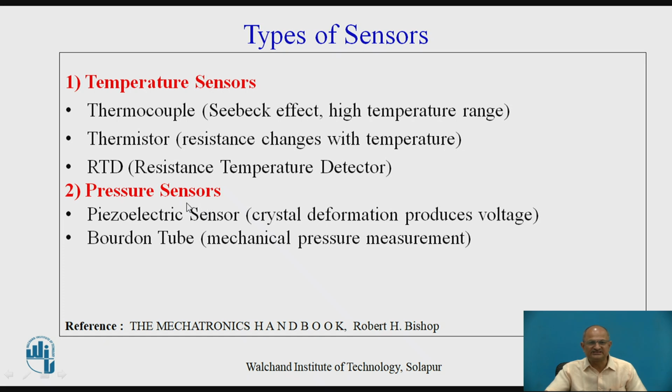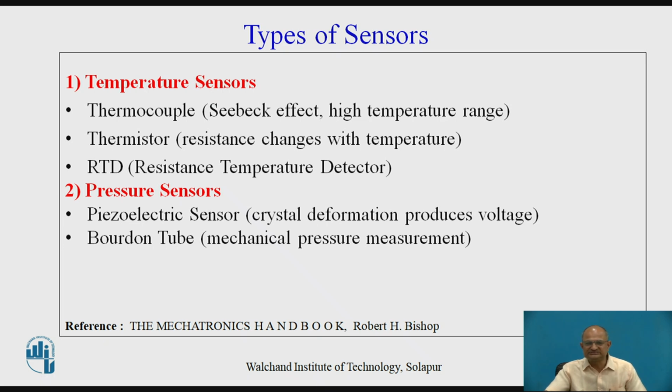Pressure sensors are piezoelectric sensors, where crystal deformation produces voltage, or a Bourdon tube, which is used in the Bourdon tube pressure gauge, that is a mechanical pressure measurement. So pressure sensor, temperature sensor, these are the types of sensors.